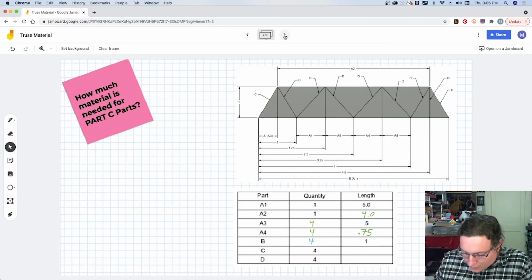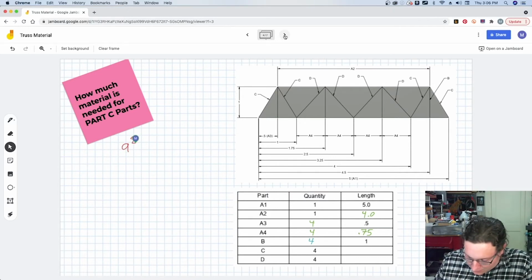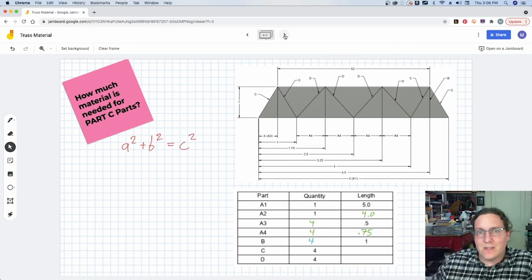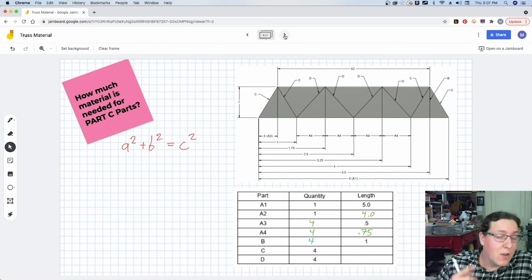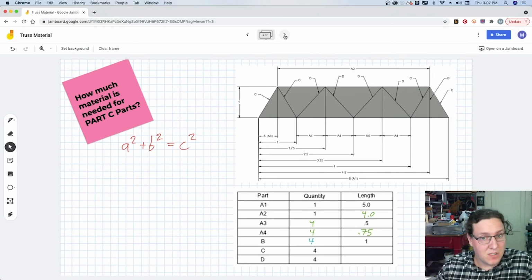And this is where we will need Pythagorean's theorem. So as you should remember, a squared plus b squared equals c squared. So it helps to write that down. And notice that the values in this formula are not the same ones as the tables that we're seeing. It's just a coincidence that we're seeing c being c squared.